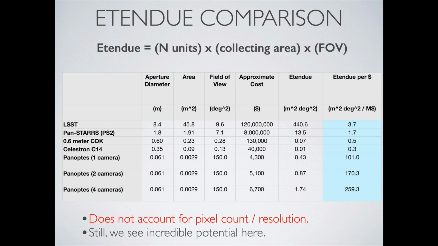And there's another comparison with amateur astronomy hardware, which is intermediate field of view. So here a Celestron 14 with a Hyperstar wide field corrector and a 27 millimeter CCD and a dome would be actually better than LSST at monitoring a large piece of the field of view, but still about 20 times less efficient than PANOPTES.